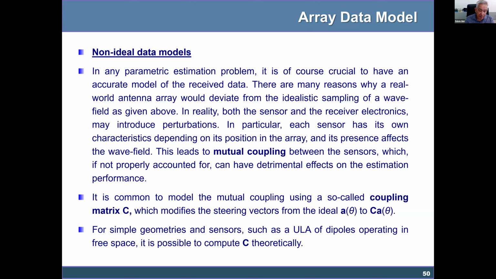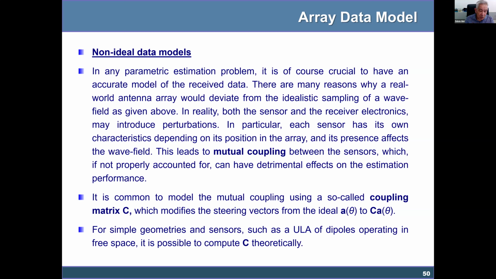one effect that shows up in reality is the mutual coupling effect. Basically, mutual coupling means that when you put two sensors too close, the behavior of one sensor is influenced by the presence of the other sensor. So there is a mutual influence that is called mutual coupling.